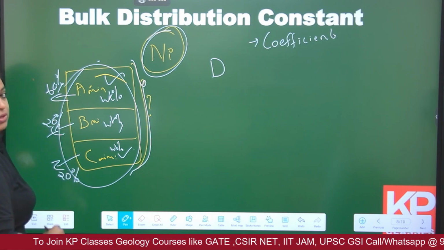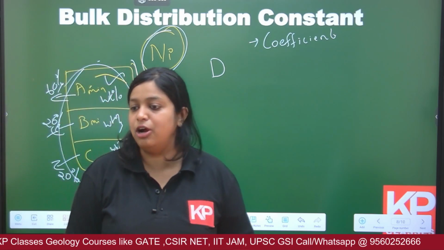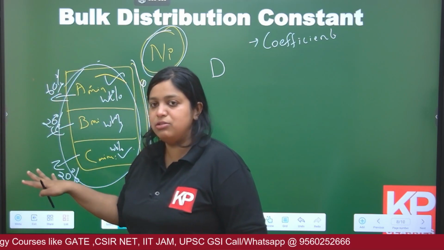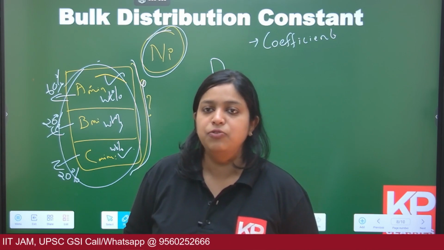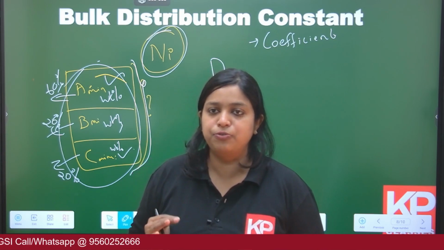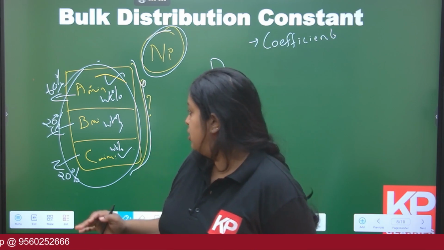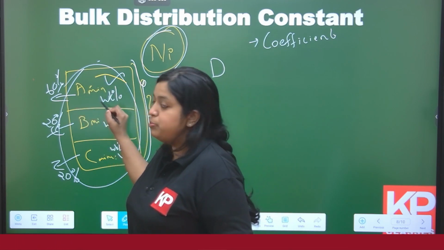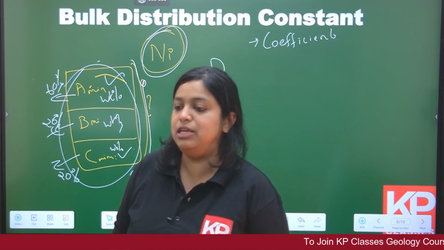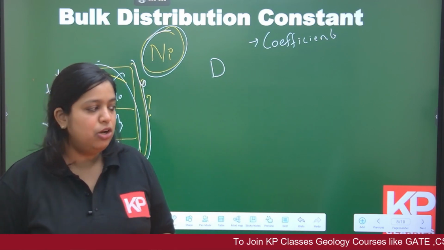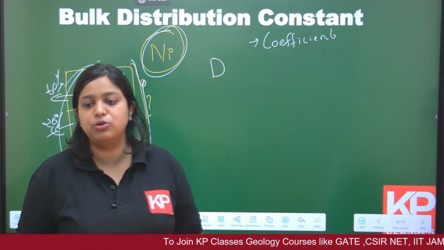You have to consider the mass or weight percentage. We are not considering the volume percentage over here. The weight percentage of each mineral present in the rock is one of the factors that defines the bulk distribution coefficient. So how do we calculate the bulk distribution coefficient?